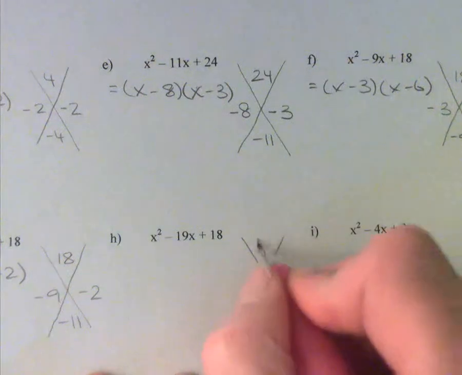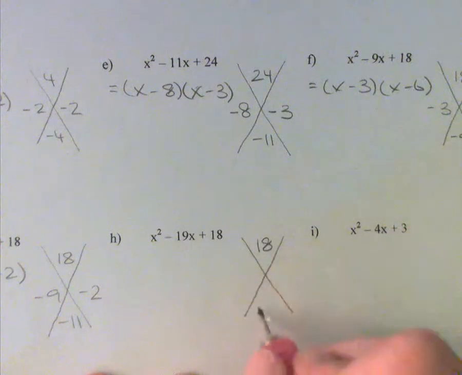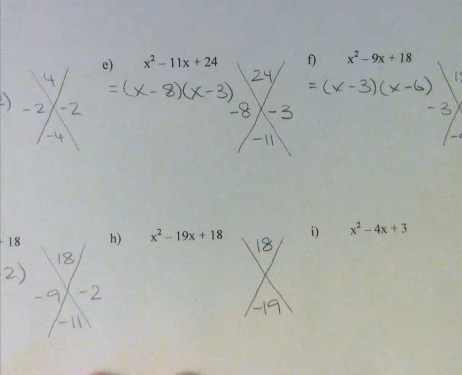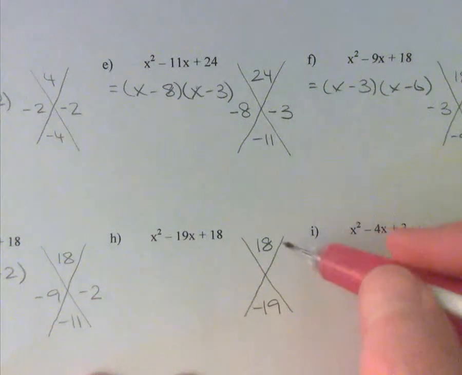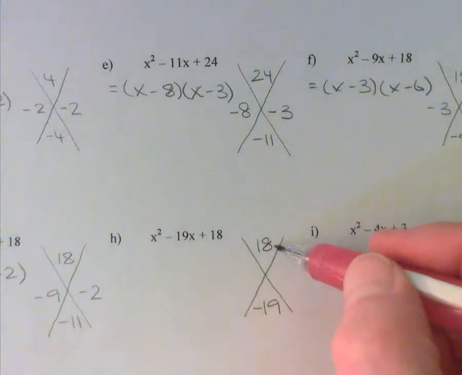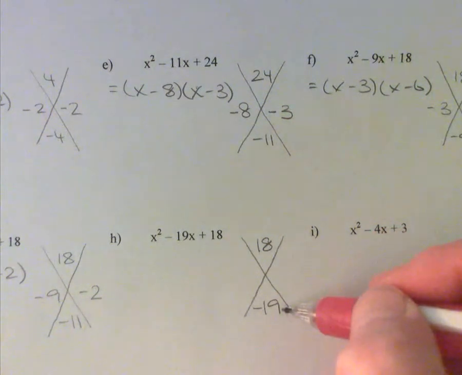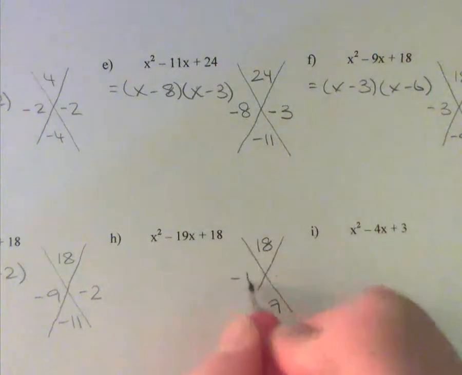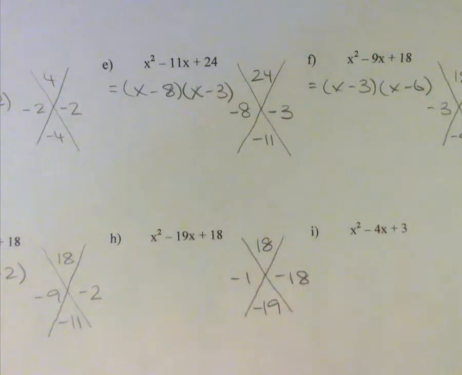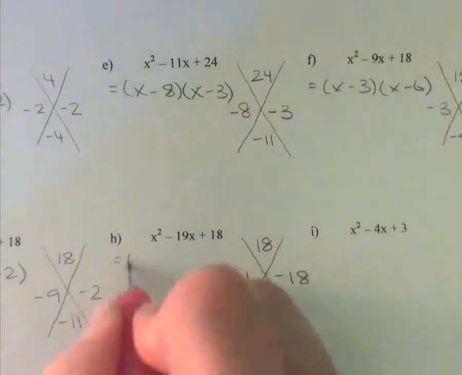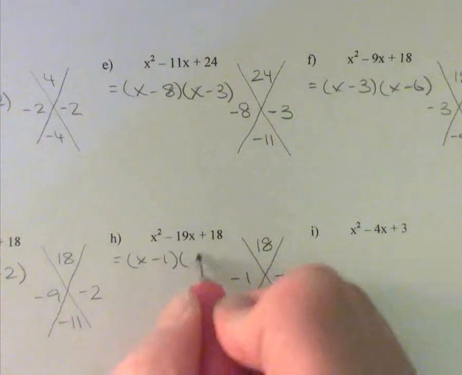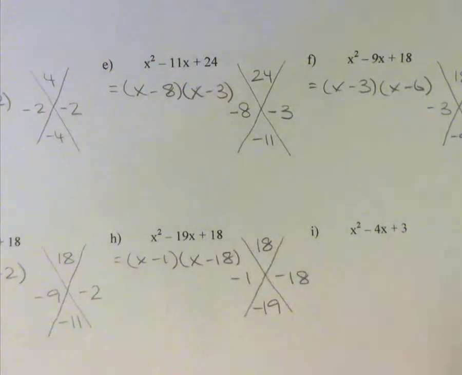So I have a product of 18 and a sum of minus 19. So I have 1 and 18, 2 and 9, and 3 and 6. I need to get to minus 19, so I'm going to pick minus 1 and minus 18. So I have x minus 1 and x minus 18.